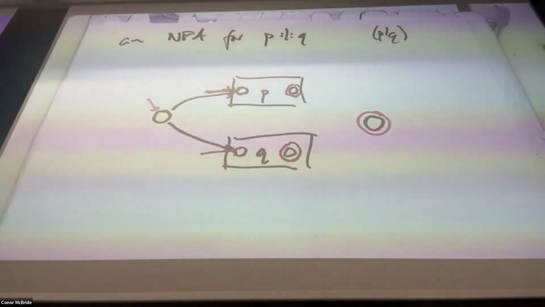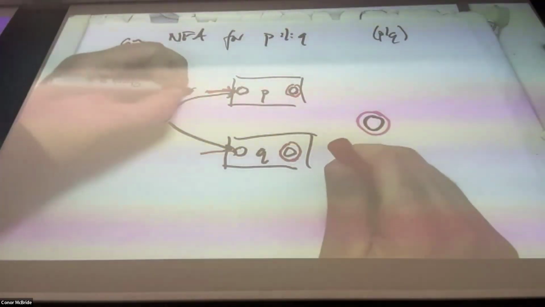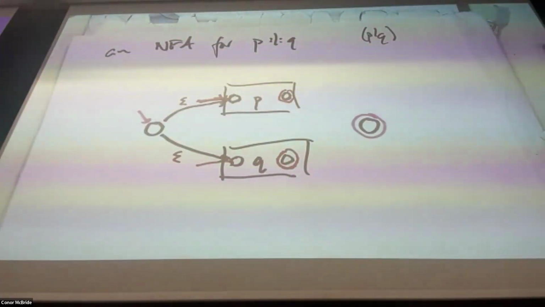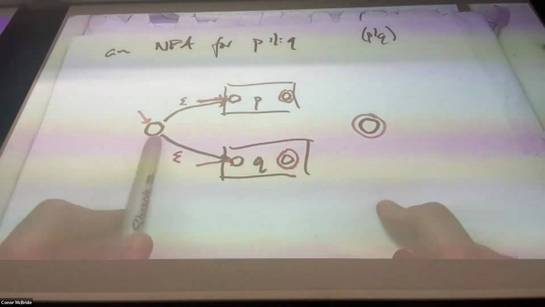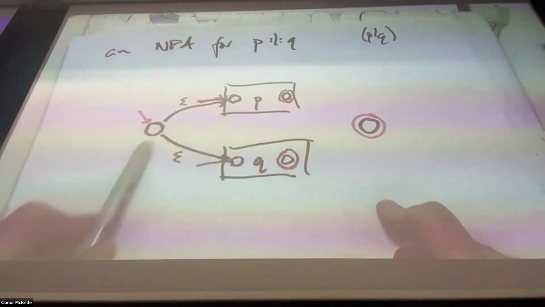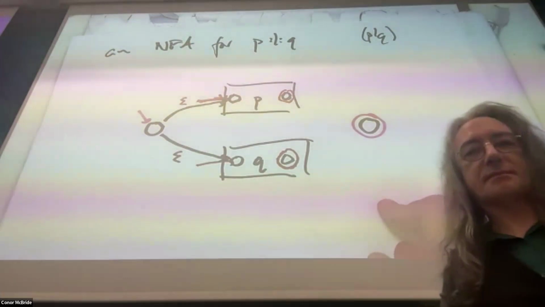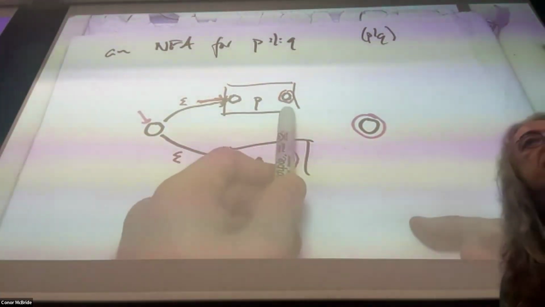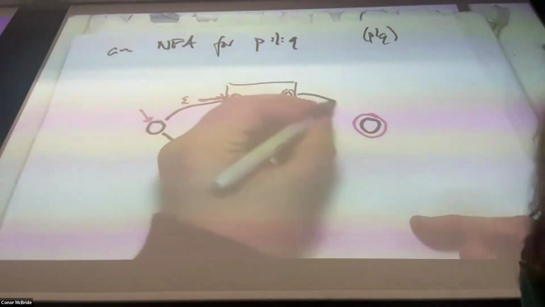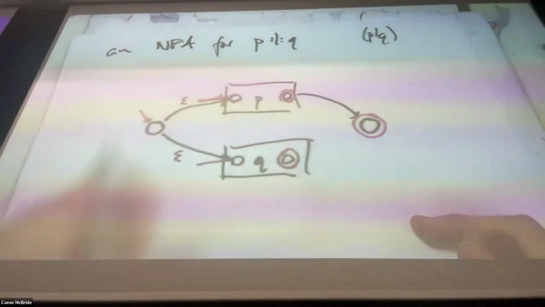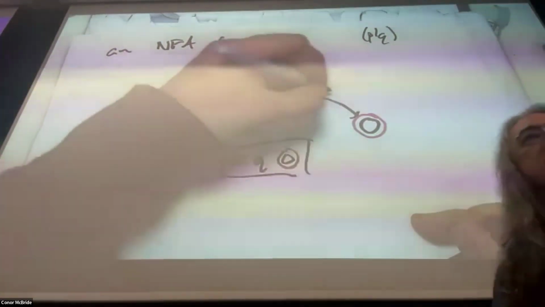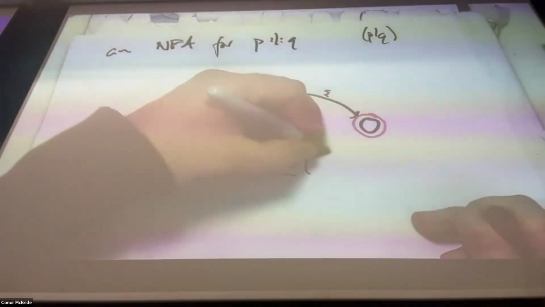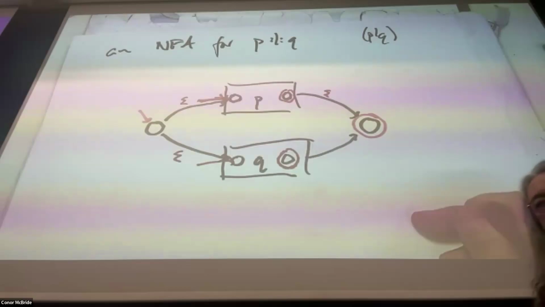And I'm going to do this with an epsilon transition in each case. Right? So without consuming any input, I'm going to non-deterministically decide to move to P or to move to Q. And similarly, from the accepting state of P, I'm going to non-deterministically go with epsilon to my new accepting state, and an epsilon from the same thing from Q.